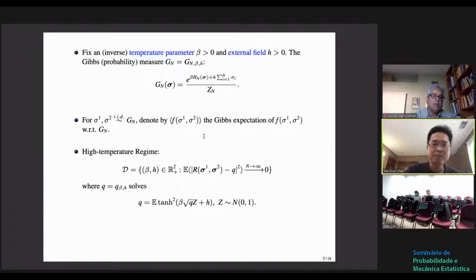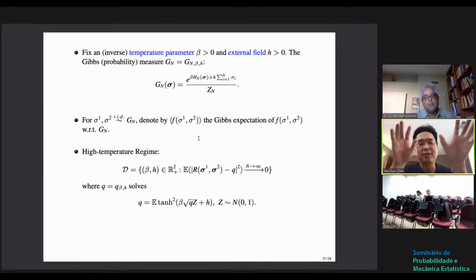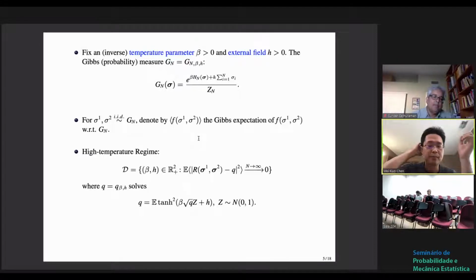Now here comes the important object. As I said, in spin glass we care about the overlap. When we say high temperature, we mean that your overlap is concentrated at some constant Q. I define my high temperature regime to be the collection of all beta and h, both non-negative numbers, such that the overlap is concentrated at Q for some Q. This Q is not arbitrary.